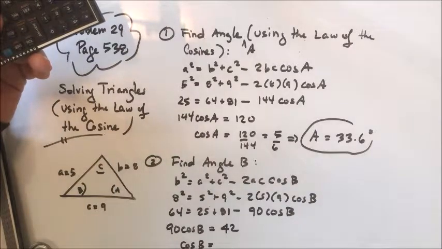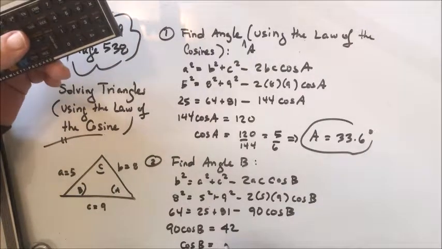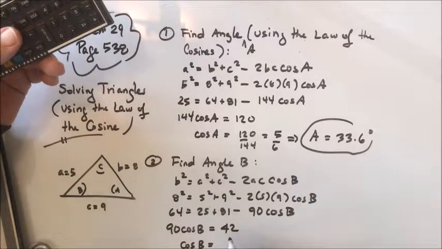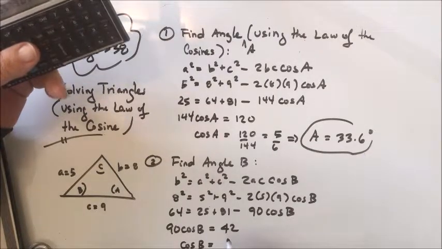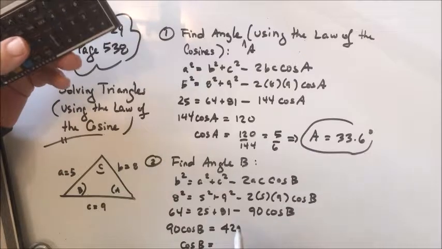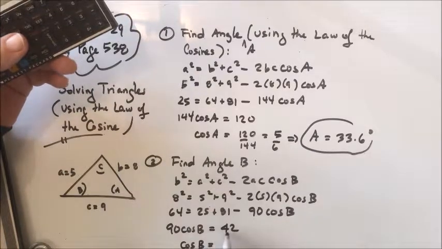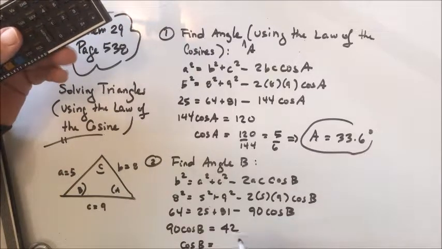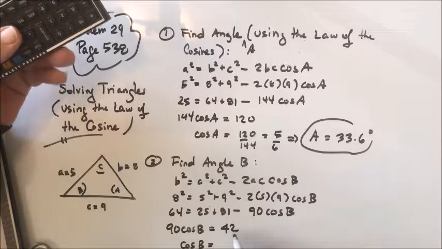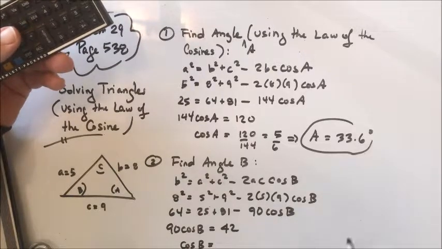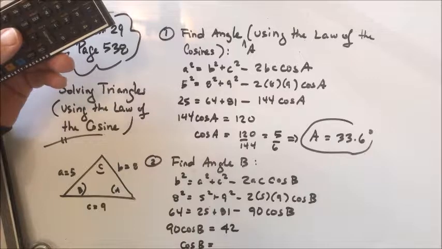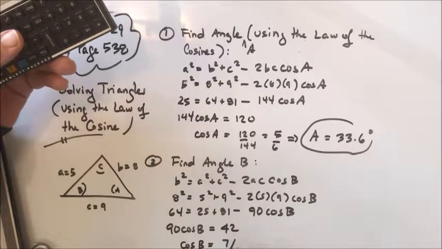That's 21 divided by 45, which is 7 divided by 15.